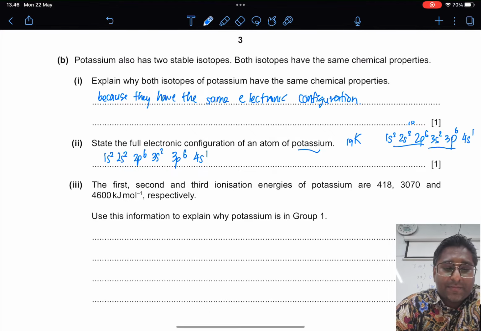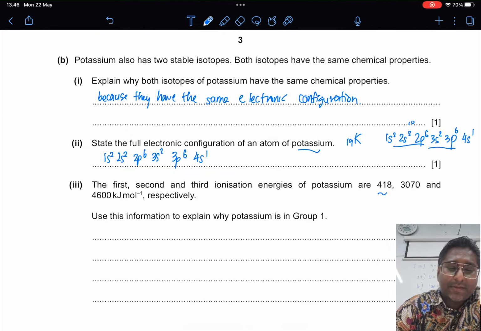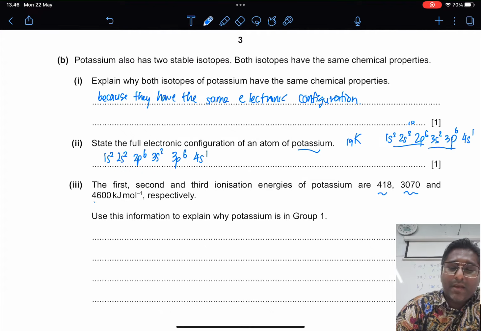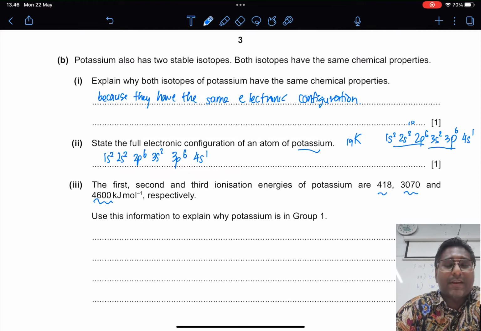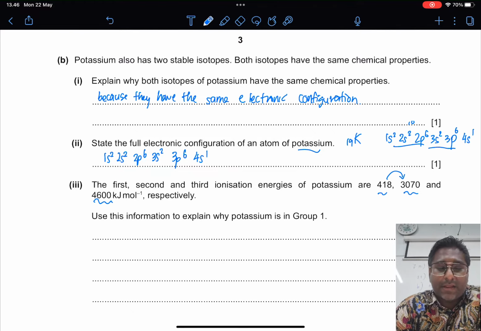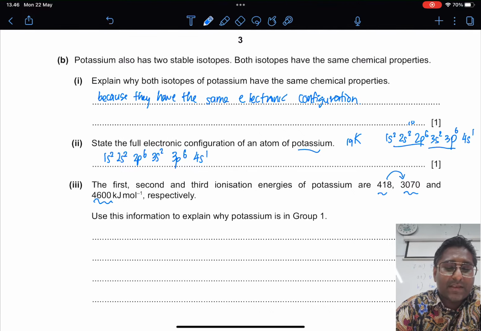Okay, the first, second, and third ionization energies of potassium are 418, 3070, and 4600. We can see there is going to be a big jump from the first ionization energy to the second ionization energy. Use this information to explain why potassium is in group 1. So you can see, the second ionization energy is really high compared to the first ionization energy.